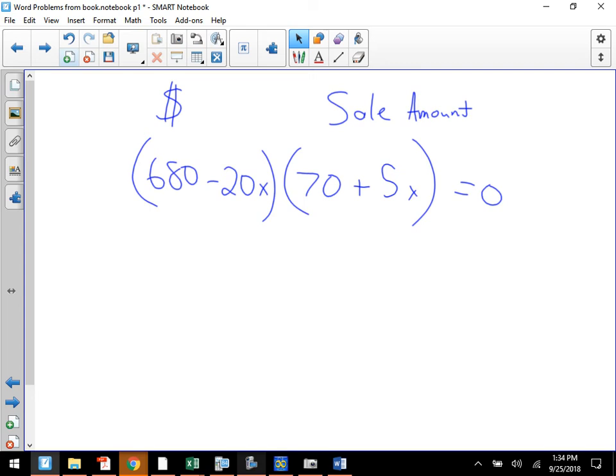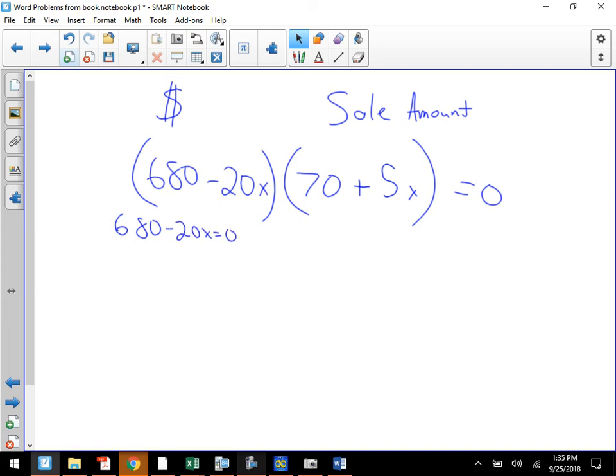Now, when we have this style, I'm always going to suggest that you use it in terms of intercept form, because it's written in intercept form. Okay? So what we do is we find the zeros in each of our terms. Remember, terms generate zeros. So I have zeros here. If I set each of these equal to 0, 680 minus 20x is 0.